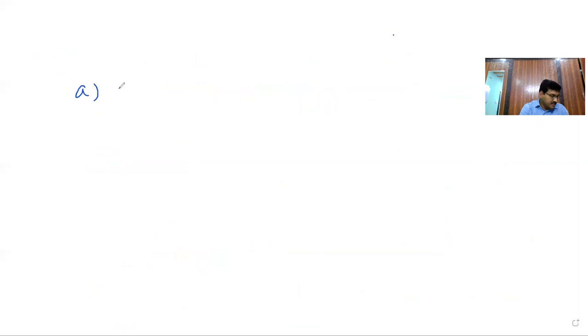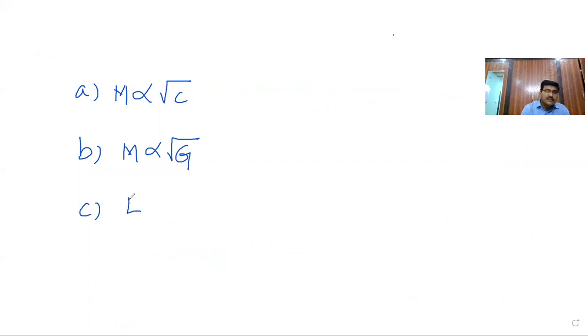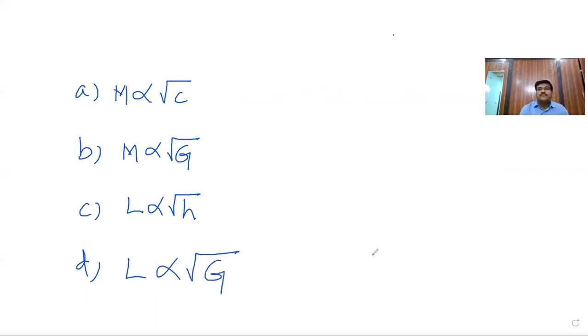Option A says M is directly proportional to under root of C. Option B says M is directly proportional to under root of G. Option C says L is directly proportional to under root of H. Option D is L is directly proportional to under root of G. These are the options.